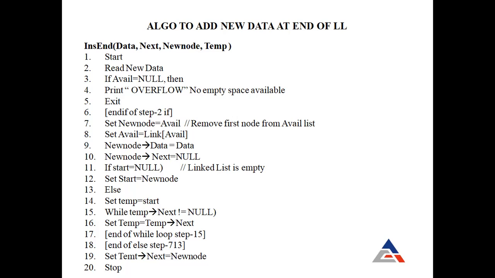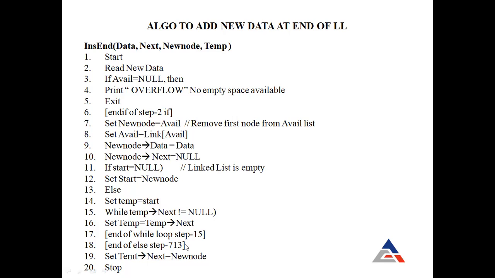The next element of that node will have the value null, because we are inserting at the end of the linked list. And if start is equal to no node, set start equal to new node, else temp is equal to start.